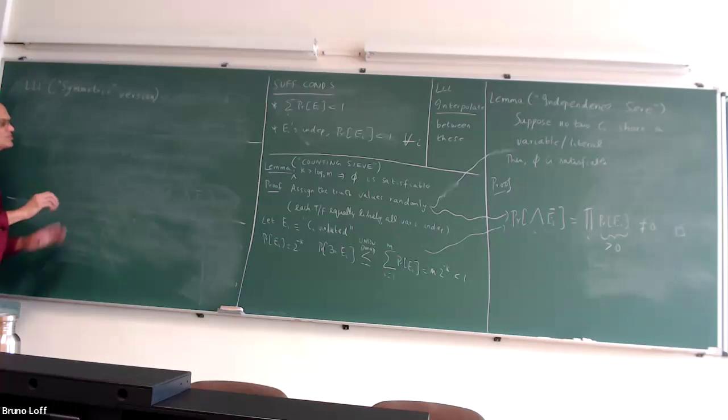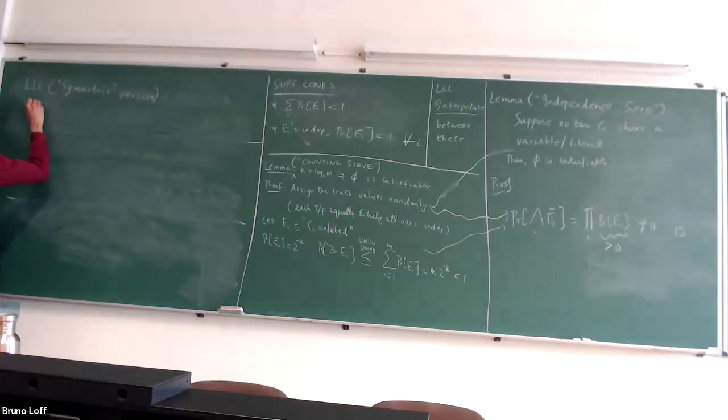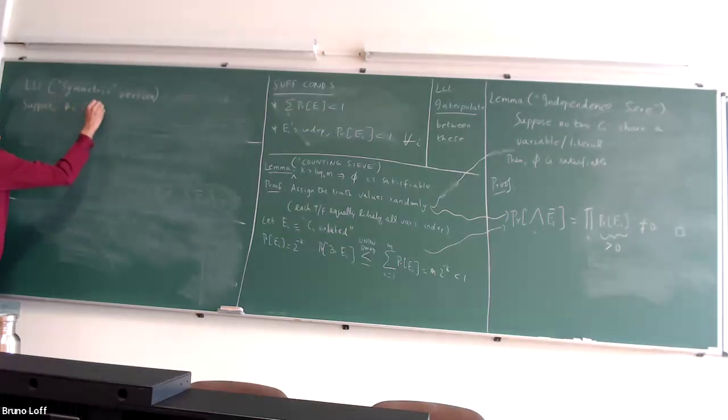We'll define shortly what we mean by depends, but suppose, for all i, there is a uniform upper bound on the probability of any one of your events.